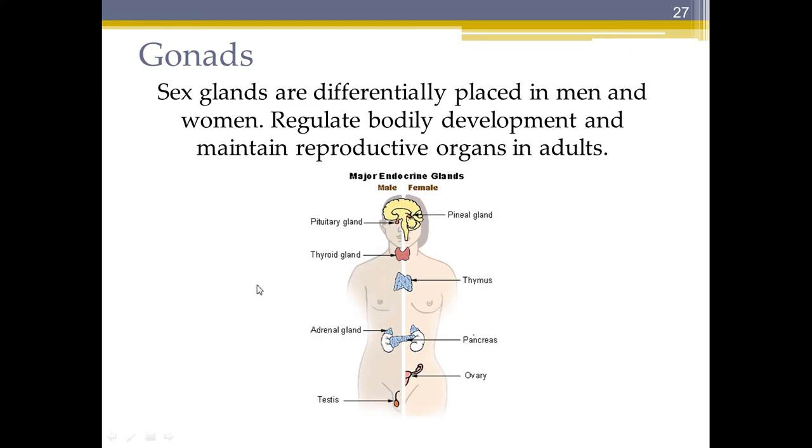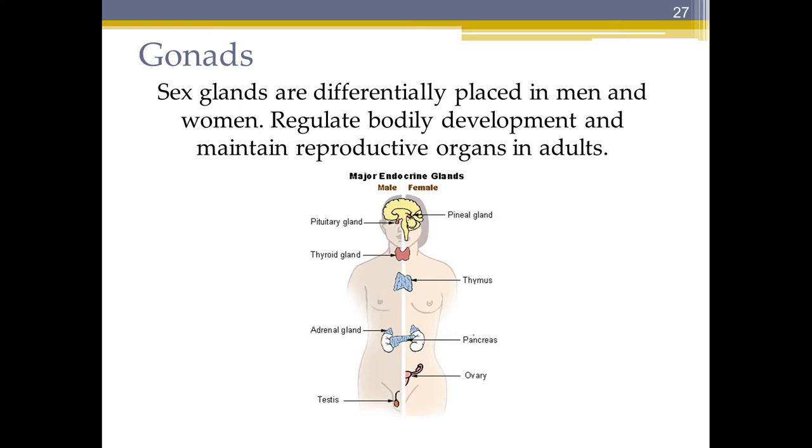This is part of why they do hormone replacement therapy for individuals who are going to go through a sex change: if they take the hormone for the gender that they feel they are, it's going to help develop some of these changes. For a man turning into a woman, it might help develop the breasts and change the shape of the hips.